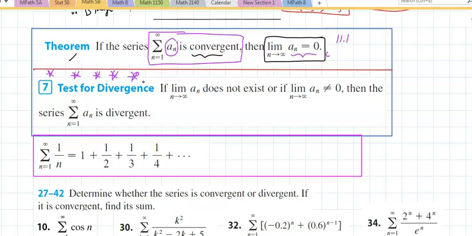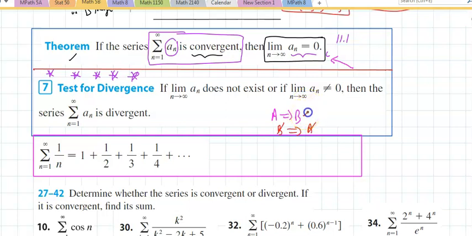Test for divergence. It is really derived from this. This says if this is true, then that's true. So A implies B. The conclusion I can get out of that is not B implies not A. So if it rains, there must be clouds.